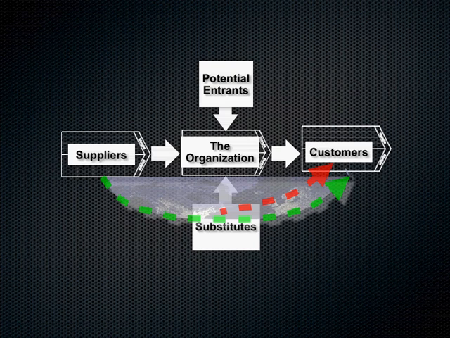So if the value adding activities of the organization are not perceived to be of value to the customers, there'll be a tendency to go directly to a supplier, or sometimes to a substitute product or service.